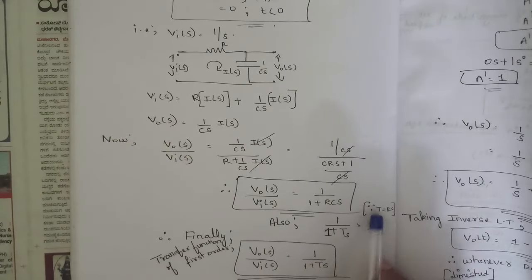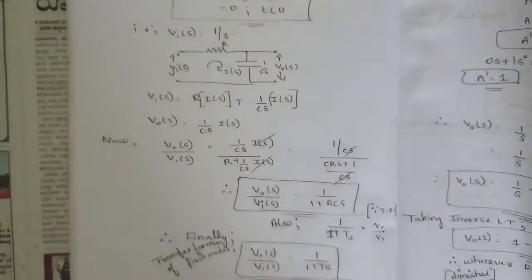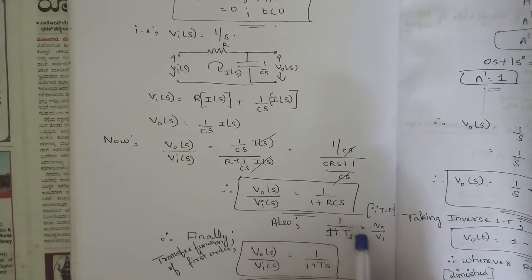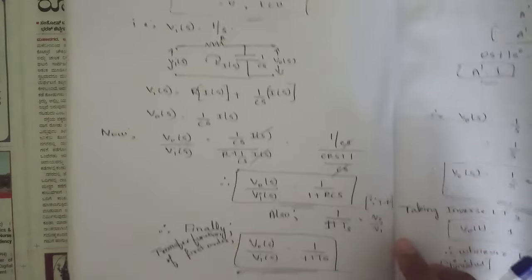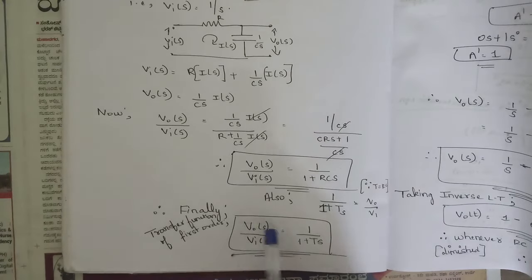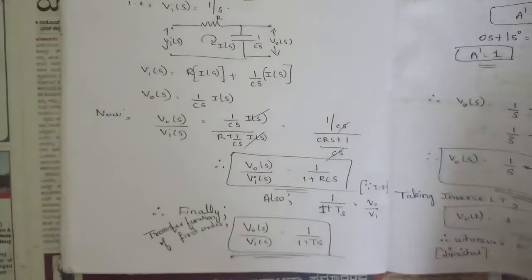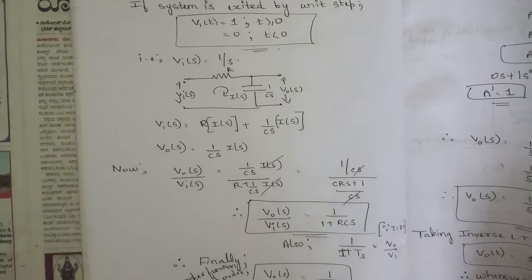Since T is equal to RC, we replace it, so V out by Vi is 1 divided by 1 plus Ts. Finally, the transfer function obtained for the first order system is Vo of s divided by Vi of s equal to 1 divided by 1 plus Ts. This is how we analyze the first order control system.